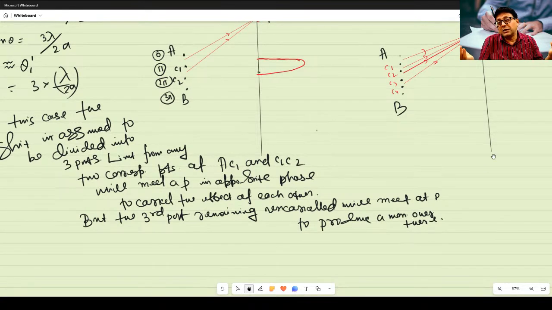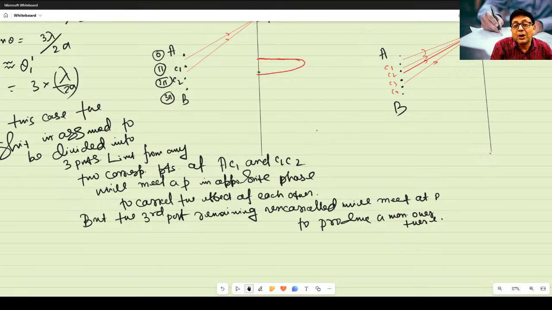The corresponding point concept remains the same. 5 parts are there. From these 2 parts, when they meet at the point P, they cancel the effect. The next 2 parts meet at the point P and cancel the effect. But the 5th part is unpaired. When it reaches over there, it will keep some intensity, but this intensity is much smaller than the previous one. No problem, but we get a maximum over there. That's why the intensity of light goes on decreasing gradually.